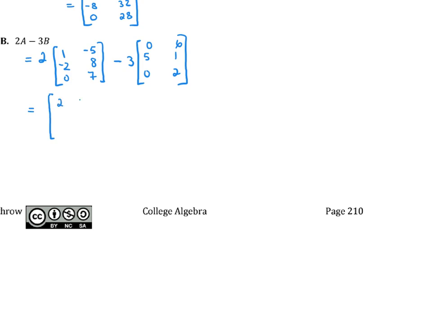So we have 2, negative 10, negative 4, 16, 0, 14. Now we can keep the subtraction outside, and then we can multiply every entry by 3.